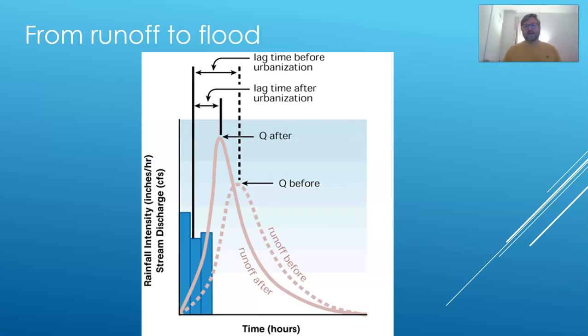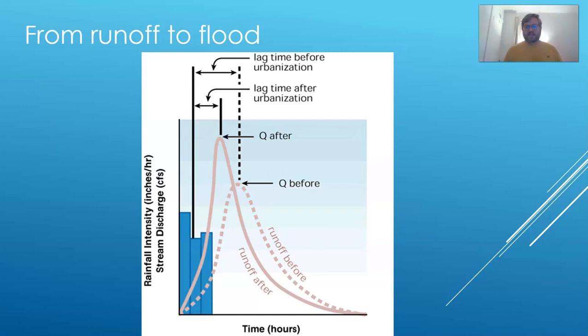So the peak flood that those streams are going to have as a result of this rainfall is going to happen sometime after the peak of the rain. It's going to take a while for that water to get down to the streams and fill it up. And then that peak is slowly going to recede over time.